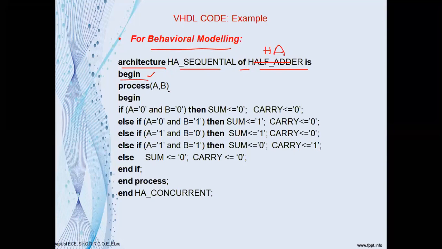But here it is very important to observe this keyword process. So this is very, very important, how the behavioral modeling is distinguished from the other levels of modeling. We have three types of modeling: behavioral, data flow, structural.